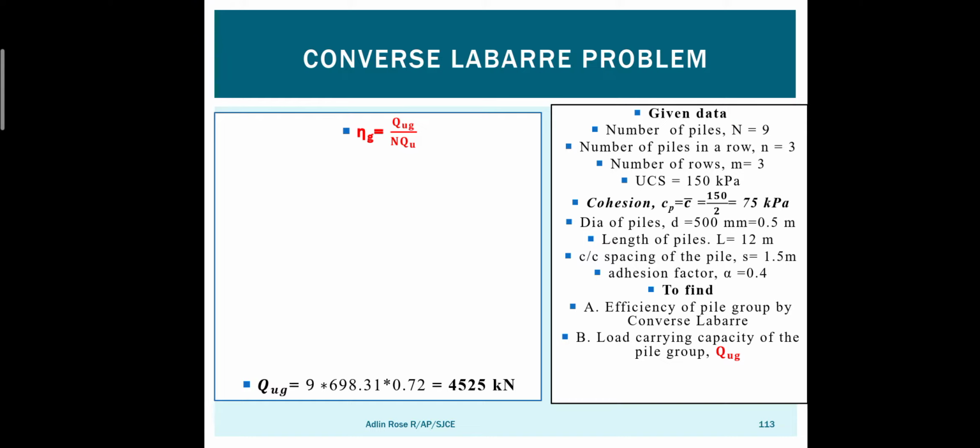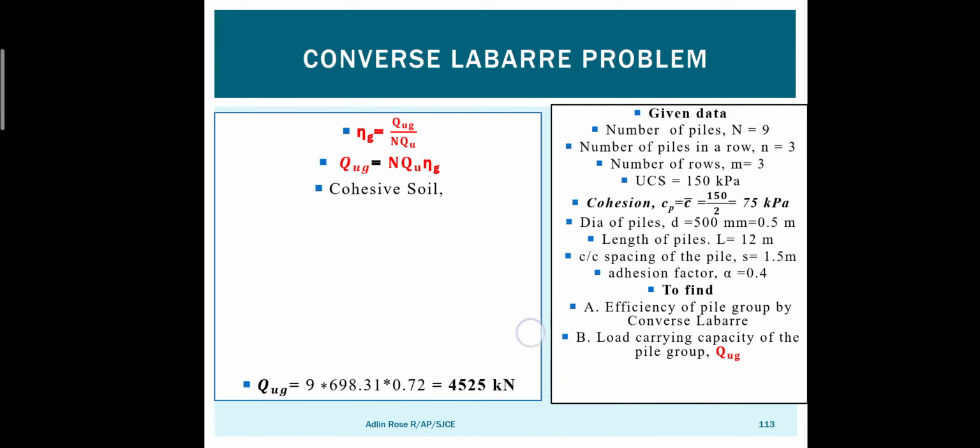Total number of piles we know is 9: 3 rows, 3 piles in a row, so 3 into 3, 9. We also found eta g. Now you should find QU. QUG is the main question. Pile group capacity is equal to, from the formula, n into QU into eta g. So now you find QU.